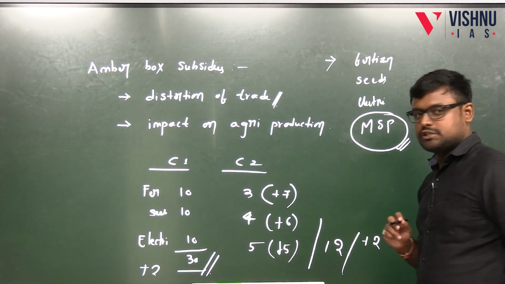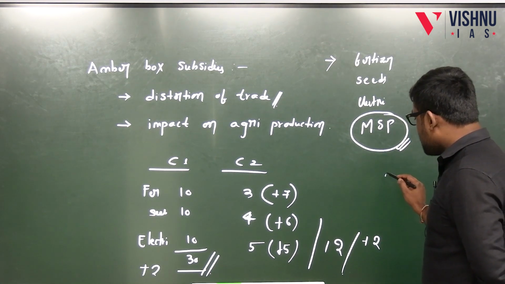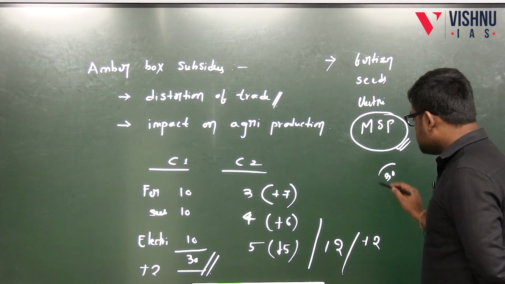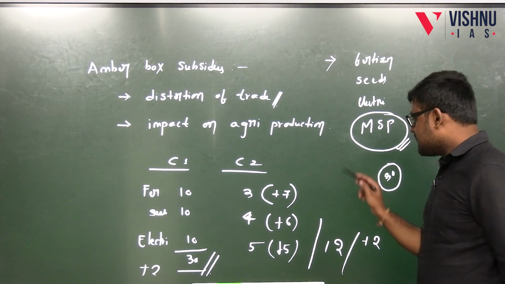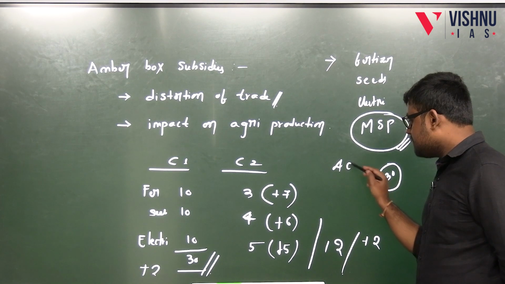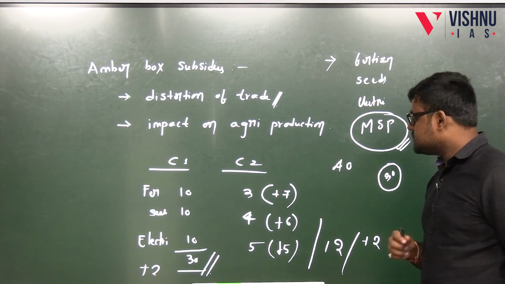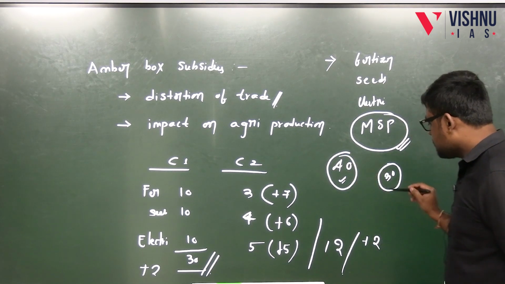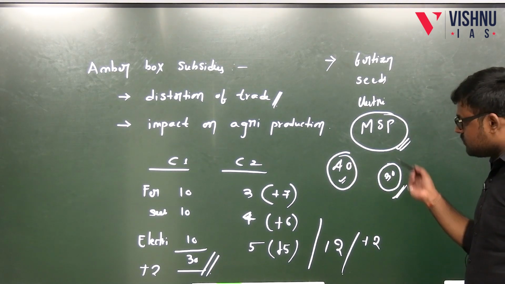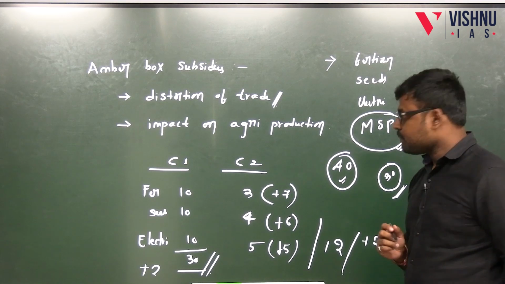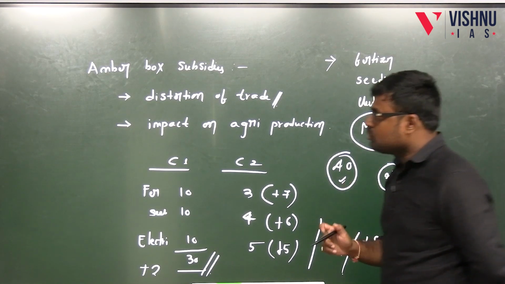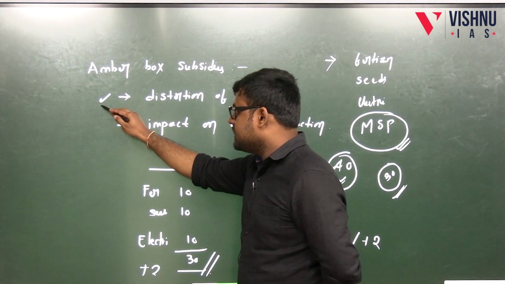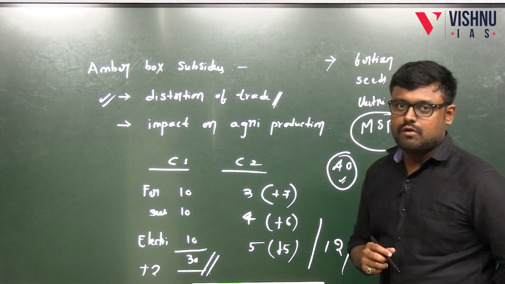Isn't it causing distortion in trade? Because suppose the market price for a kg of rice is 30 rupees and the government announced the minimum support price for a kg of rice as 40 rupees. Now the farmer is going to get 40 rupees, but the market price is actually 30 rupees. So there is a distortion in trade. So Amberbox subsidies are those subsidies which cause distortion in trade.